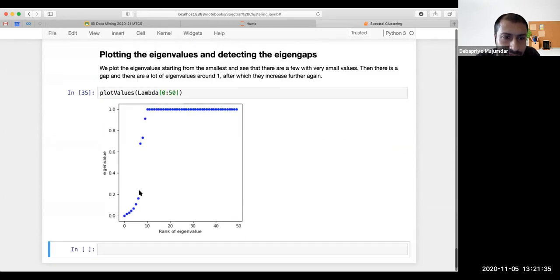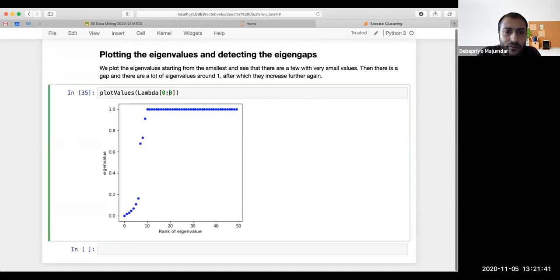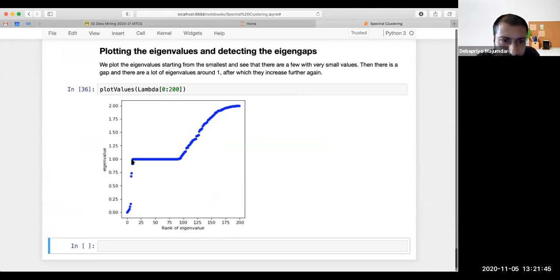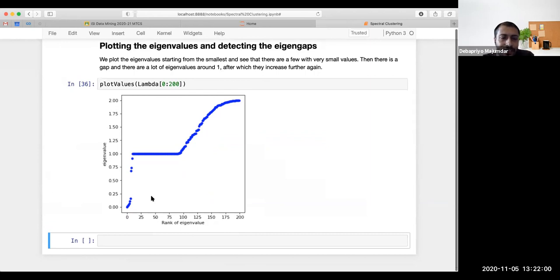Okay, so first 7, there is a gap, and then we have this whole line here, and this will actually go on for more than 100, I think. Yeah, so this is our 7, 8, 9, 10, 11th to maybe 90th or something, and then again there are some gaps. If you actually zoom in, you will see this and this and so on. But we will be happy with this huge gap to start with, right?